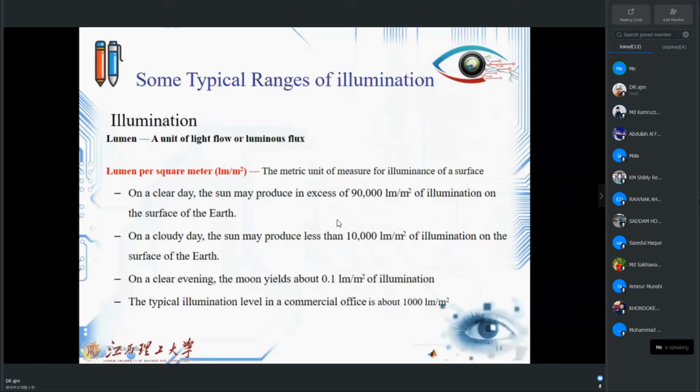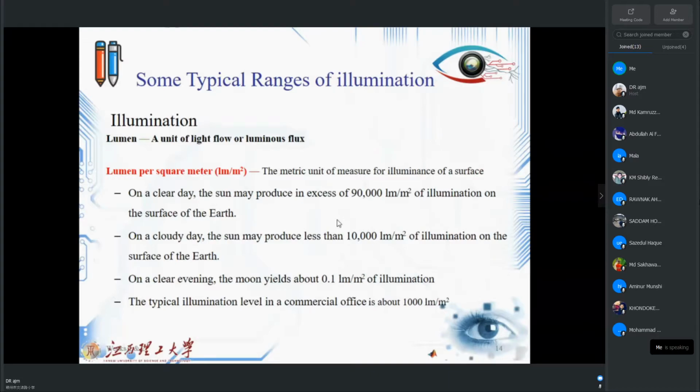We can say that illumination comes with one measurement definition, which we call lumen. Lumen is the unit of light, the luminous flux, and we have the definition lumen per square meter, which is shown as Lm divided by m². This is the metric unit for measuring the luminance of a surface. Have this in your mind.